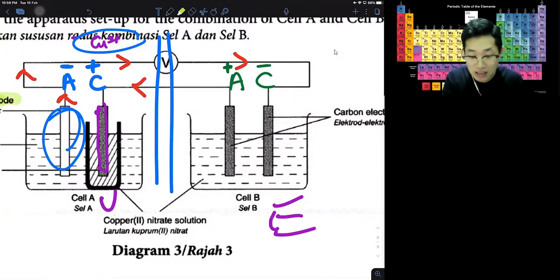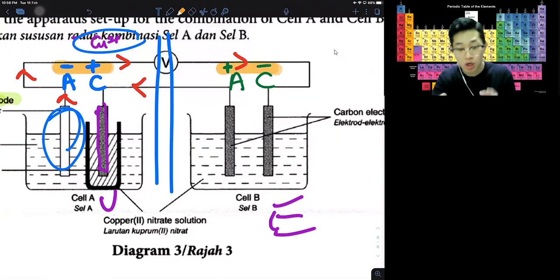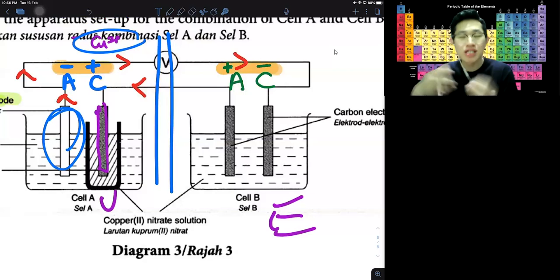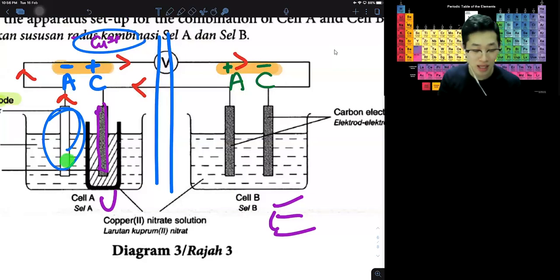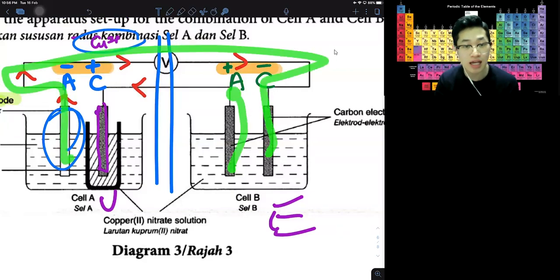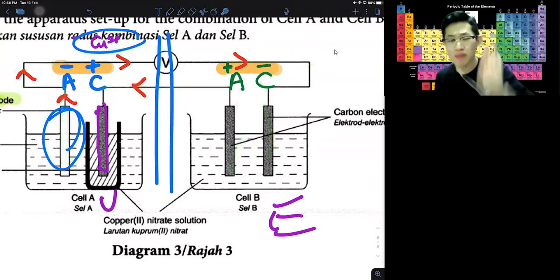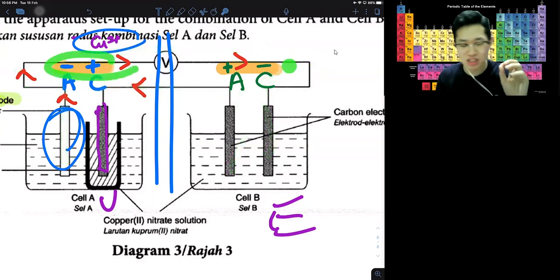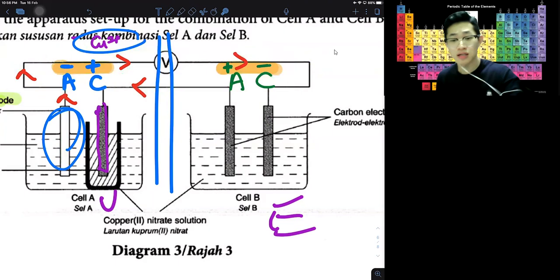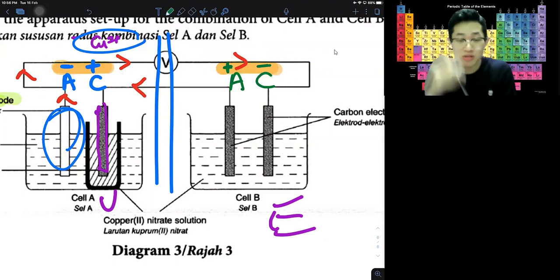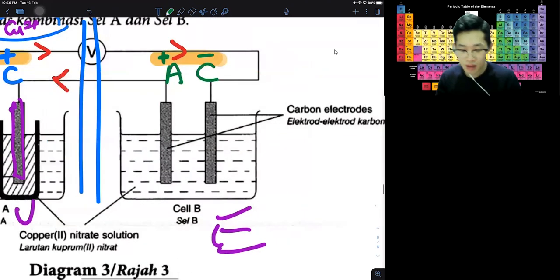Always start by labeling anode and cathode. A connects to C. Don't memorize the charges, like minus plus, plus minus. Use anode and cathode.